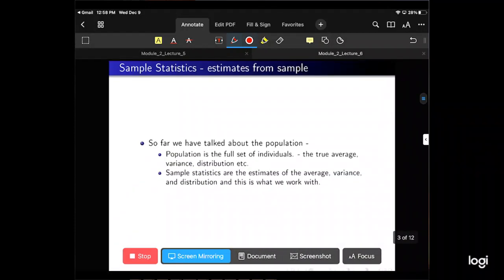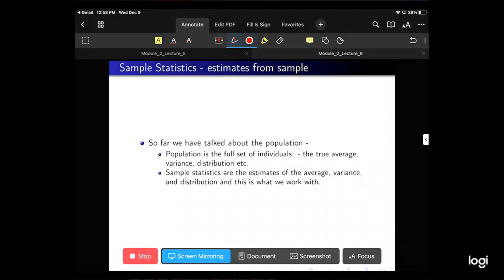Some sample statistics. All right, what do we mean by that? This is just a definition. So far we've talked about the population. Now we want to talk about samples from the population. The population is the full set of individuals. If we want to know the average income of people in the United States, the population is everyone in the United States, right?